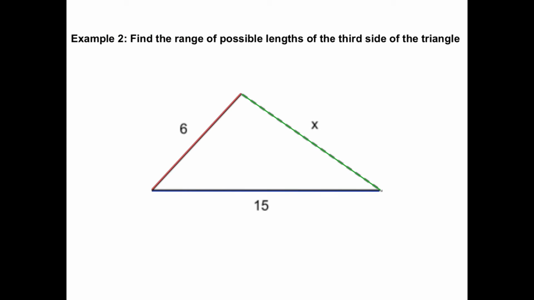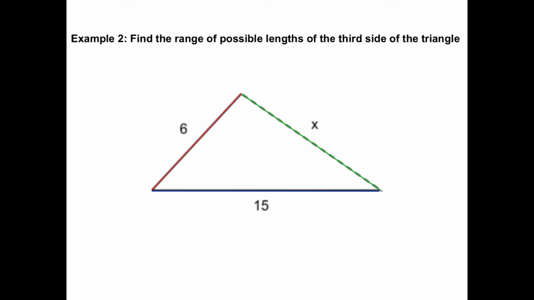Okay, so let's now look at these problems where maybe we know two of the sides, but we don't know the third side. We have to keep in mind that this third side, whatever this x side is, has a variety of possibilities, depending on where this red 6 side falls. We don't know what this angle is, so I don't know exactly where this 6 is going.